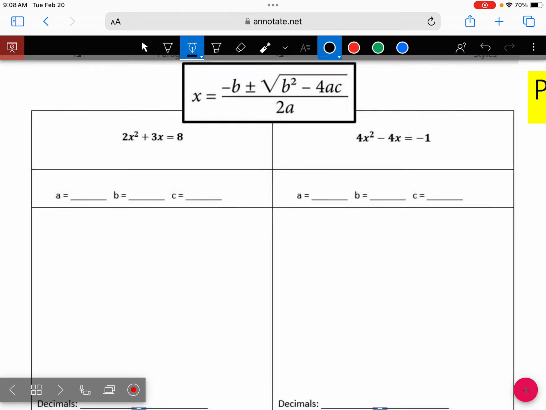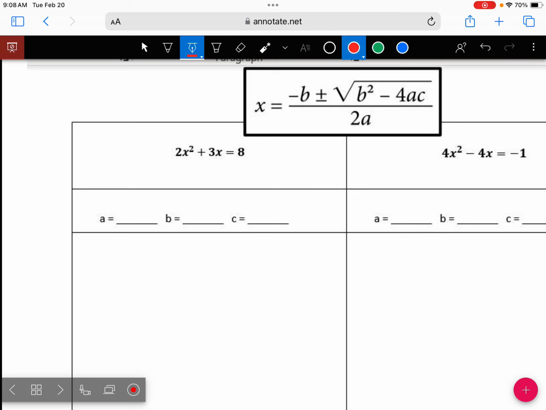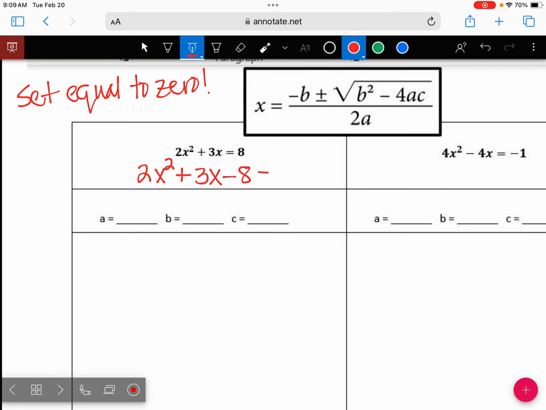So the first thing you want to do is make sure you have it set equal to 0. So this negative 8, you're going to subtract it. You have to subtract that 8 first.